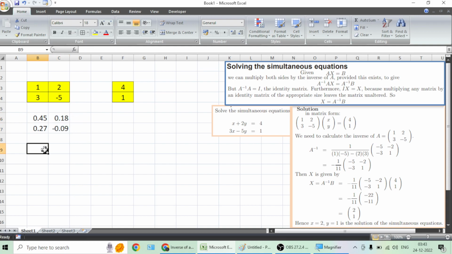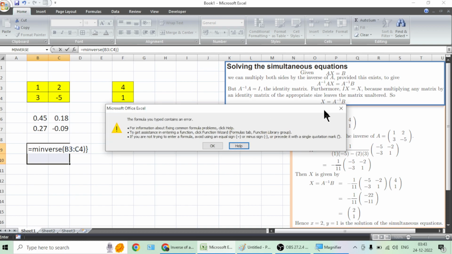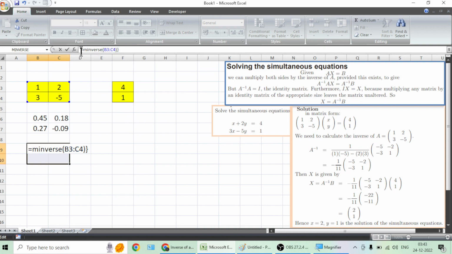Let us try doing it manually. We select all of them, we write equals, and we find MINVERSE, and then we open the bracket, we select the array, and then we close the bracket, then we apply curly braces, and it was too early, so I now place it here and then press Enter, and nothing happens because curly braces need to be placed somewhere else.